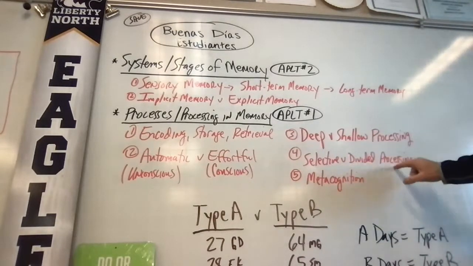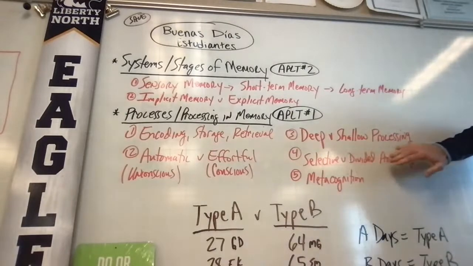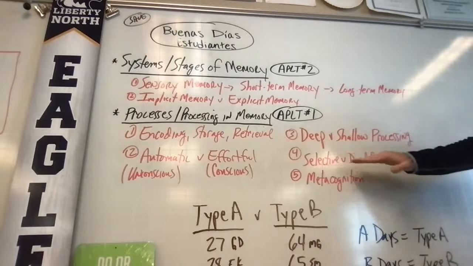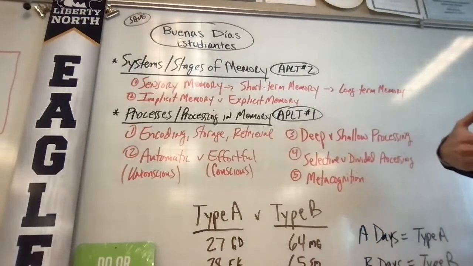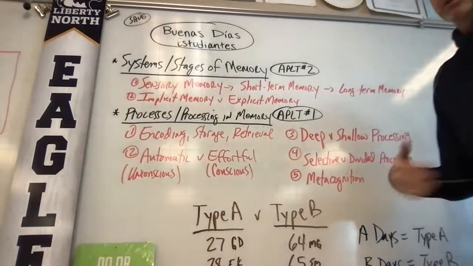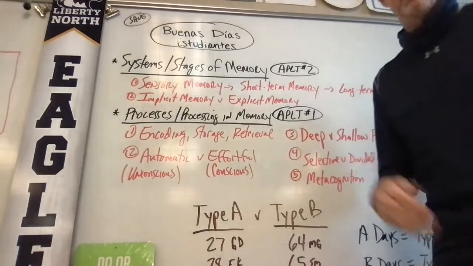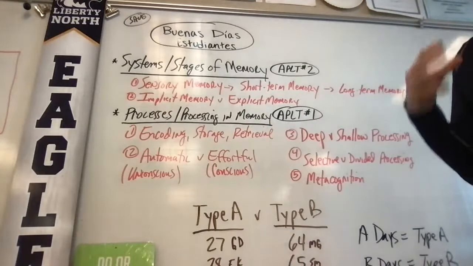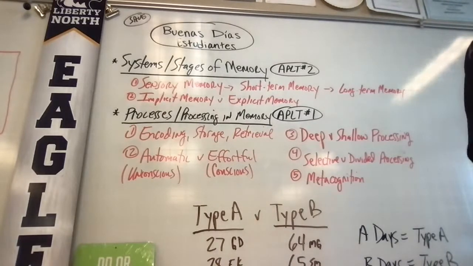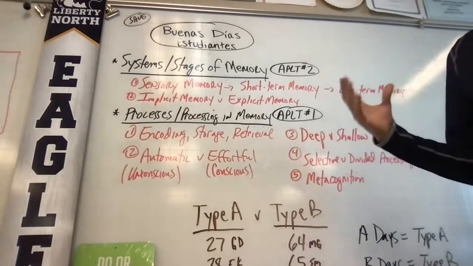Selective versus divided processing is kind of the same thing. If we put attention here, selective versus divided attention, which we've already studied, I think it helps you. When you come into class, and when I come into class, some days we're very selective. We're focused, we're really in tune to learning and committing stuff to memory. Other days, our focus is divided.